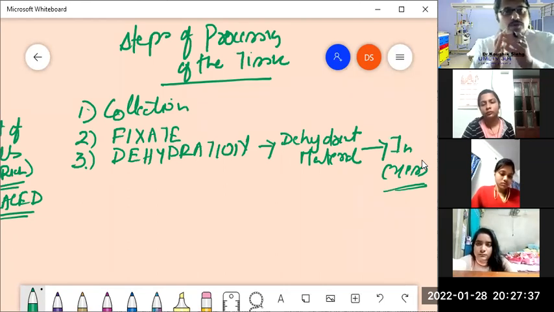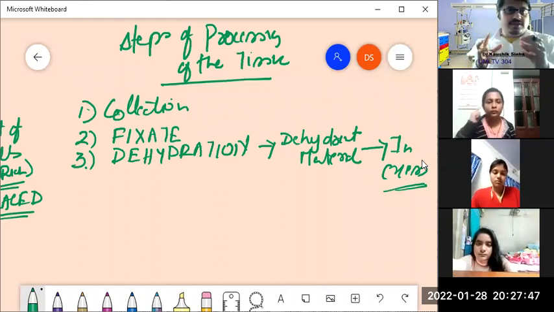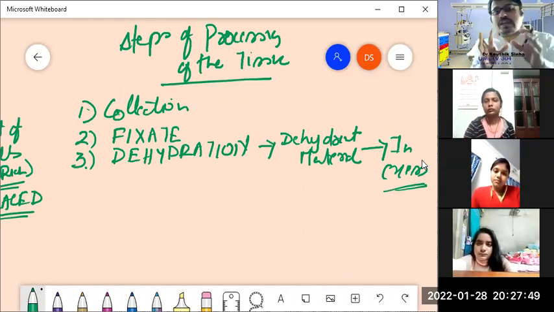Now due to expansion, because if excess material enters into the inside of the cell instead of shrinking it would now swell. We do not want that swelling event to happen. We want, when you are speaking of this word, preservation of the structure in vitro as it was in the biological organism.